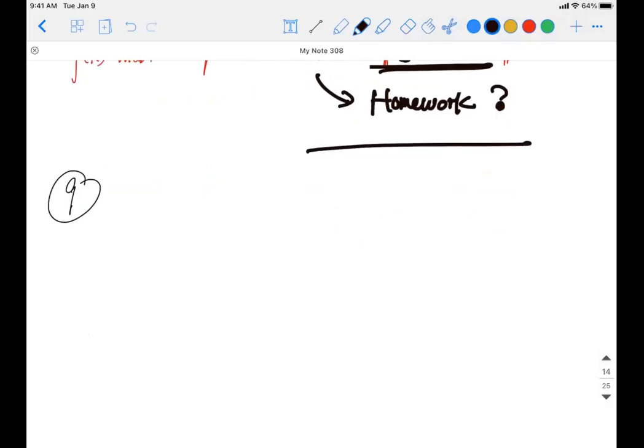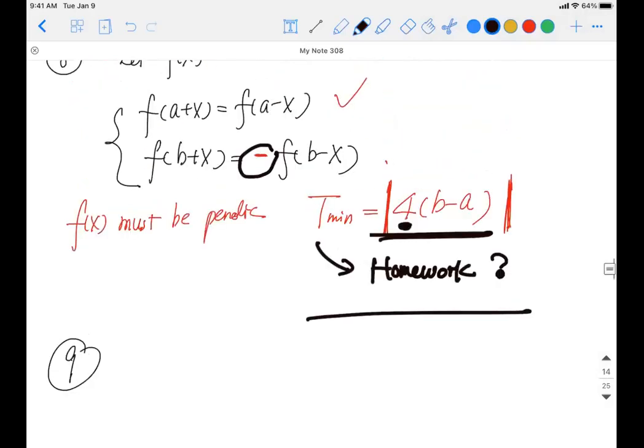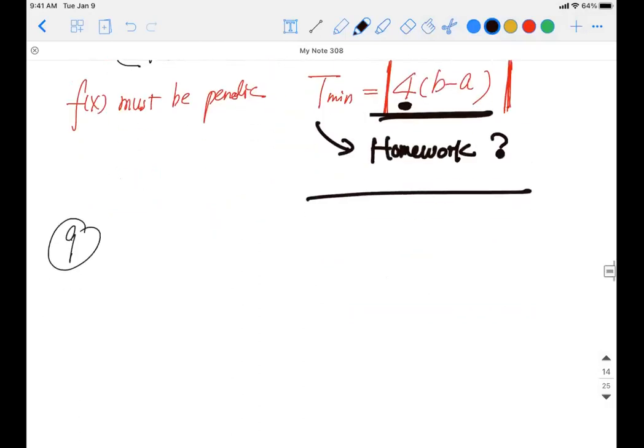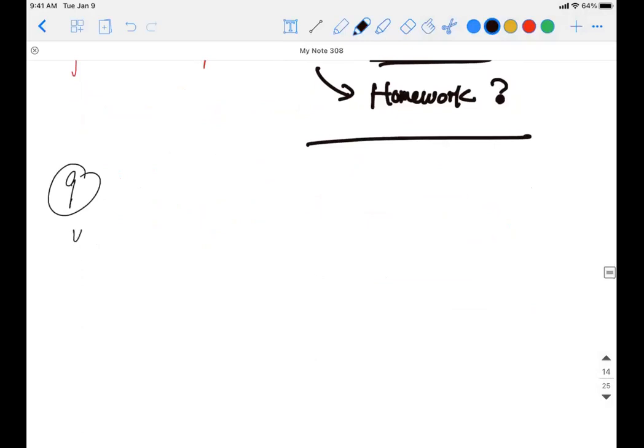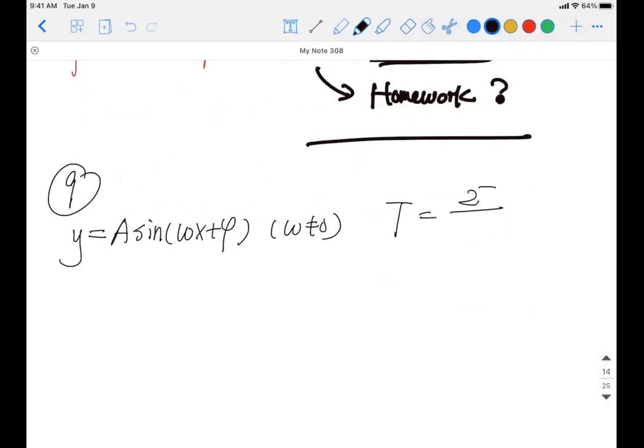We're still going to focus on trigonometry, right? The previous discussion is for generic functions, but our session is for trigonometry. So if I have a trigonometry function A sine(omega x plus phi), of course, omega cannot be equal to 0. So the T for such a function is 2 pi over the absolute value of omega.